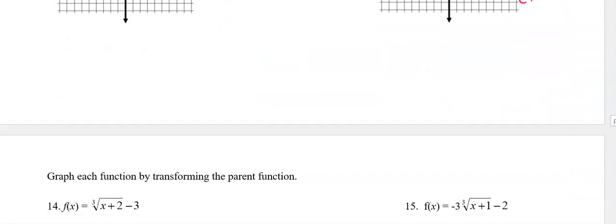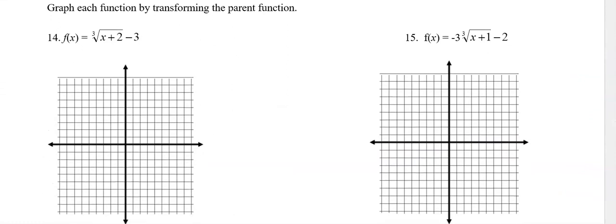All right, moving on to cube roots. So the cube root parent has these points that we reference: (0, 0), (1, 1), (-1, -1), (8, 2), and (-8, -2). But the process is the same. We don't have anything to multiply by on this one, so we're going to go left 2 and down 3 with each of those points.